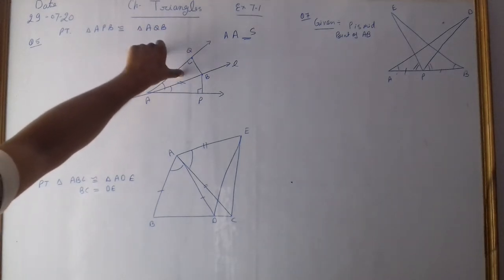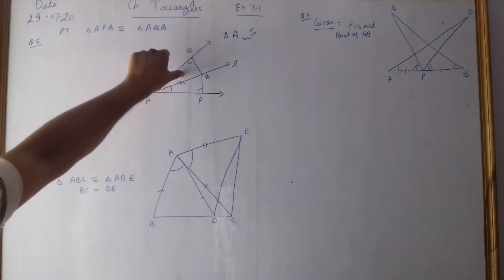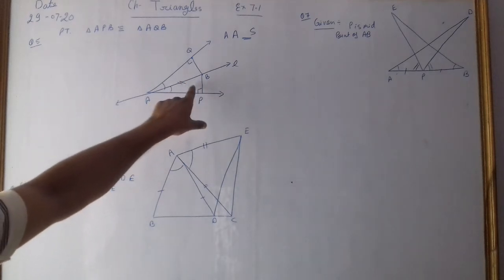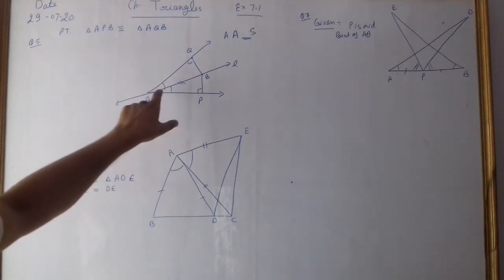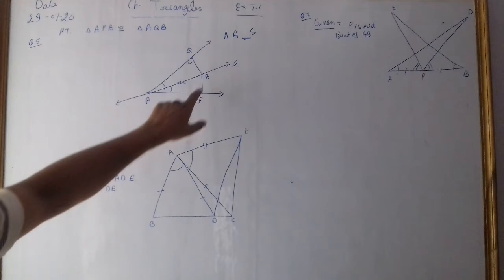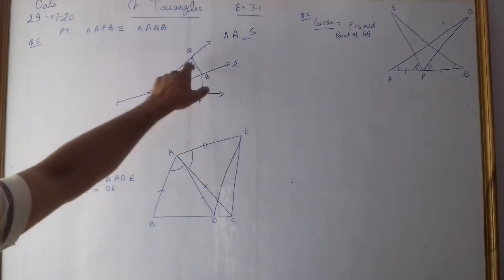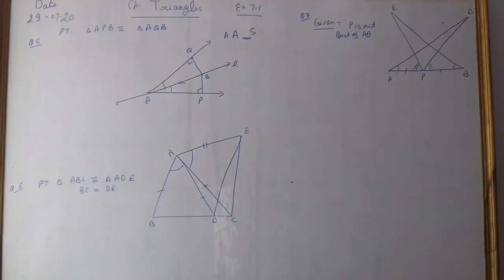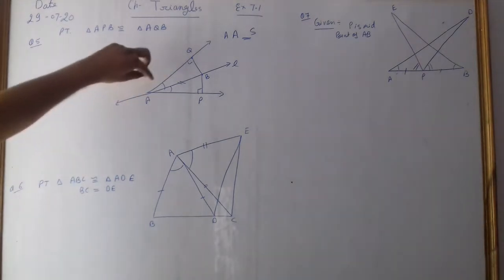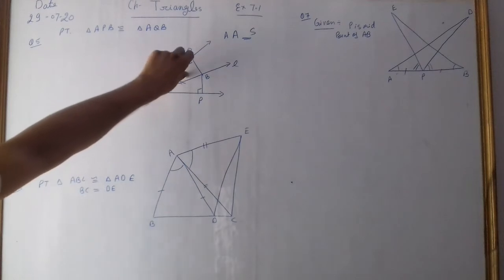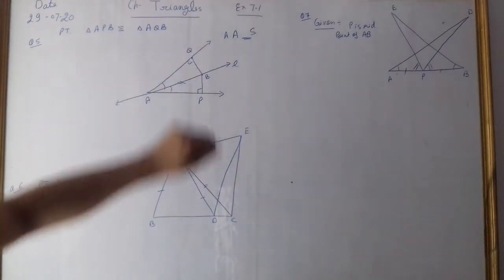AB is common in these two triangles, APB and AQB. Got it? Then by the AAS rule we can prove these two triangles are congruent to each other. Angle, again angle, and then the third one is a side.